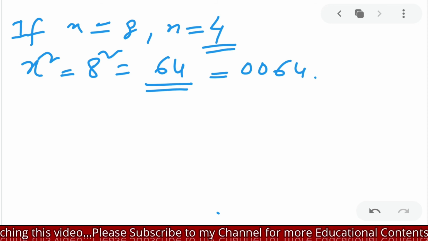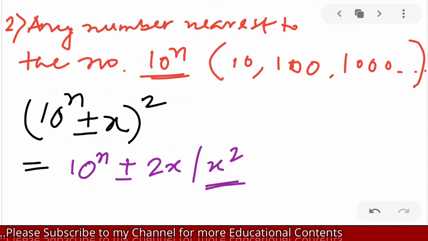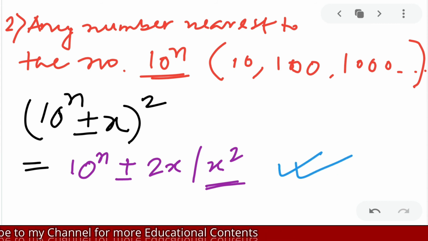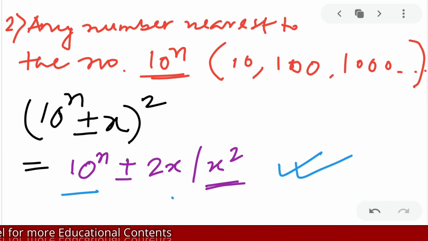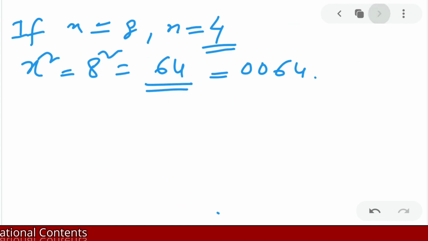So finally the generalized formula is: 10 to the power n directly comes, plus or minus 2x, and on this side x square.